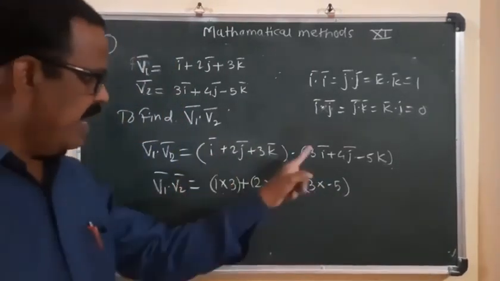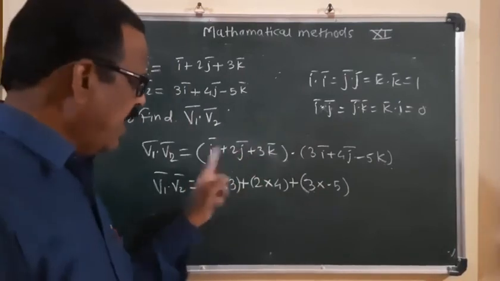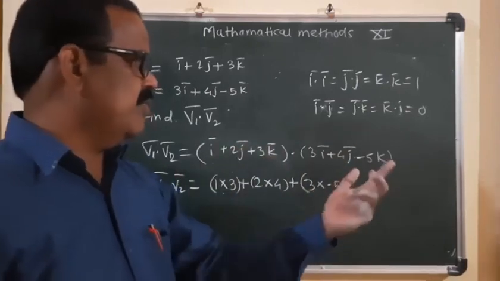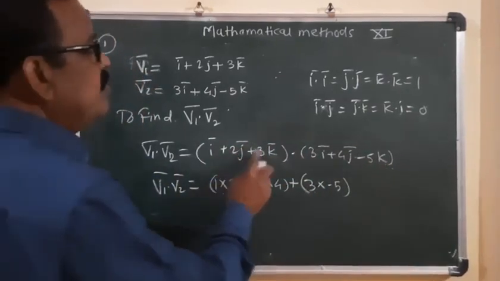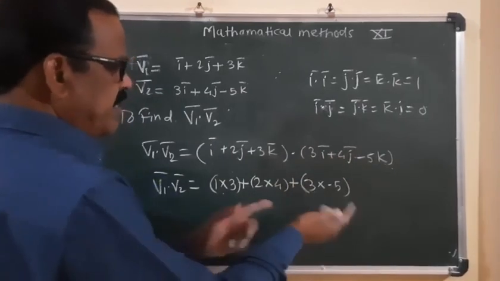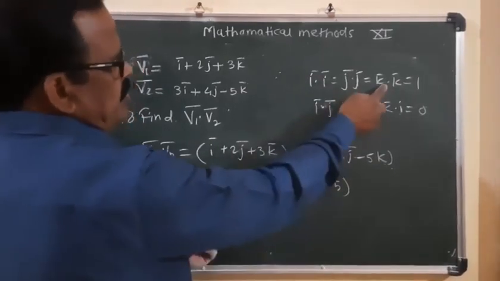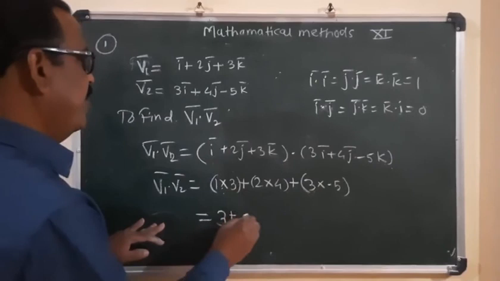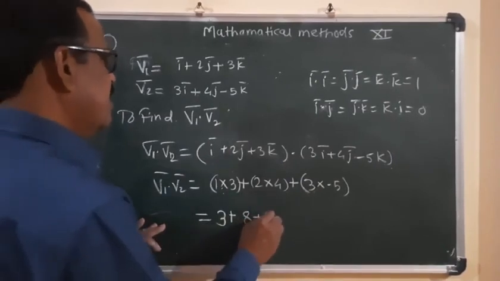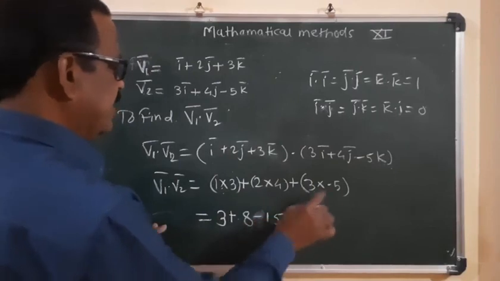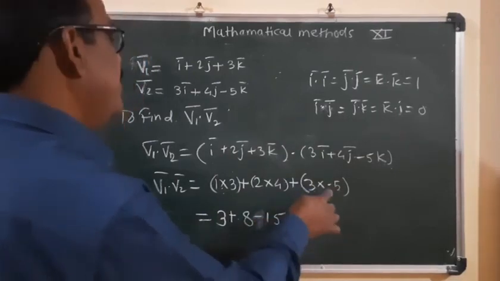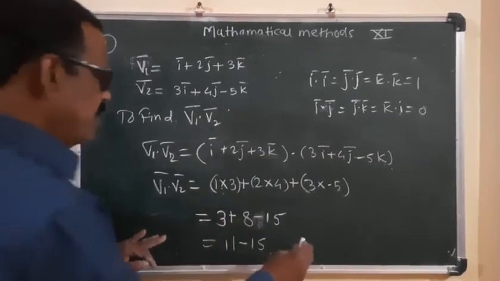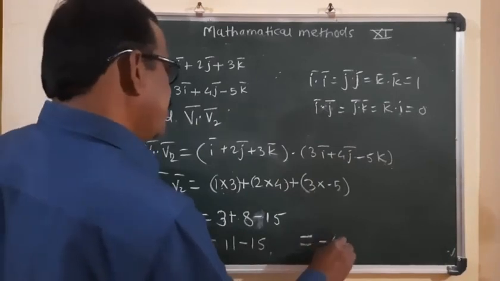याचा coefficient 1, I bar dot J bar is equal to 0, त्यामुळे हे घ्यायची काही गरज नाही. Direct 4 J bar, but J bar dot J bar is equal to 1, K bar dot K bar is equal to 1, which is equal to 3 plus 8 plus minus 15. 3 into 5 is 15, which is equal to 11 minus 15, which is equal to minus 4 units.